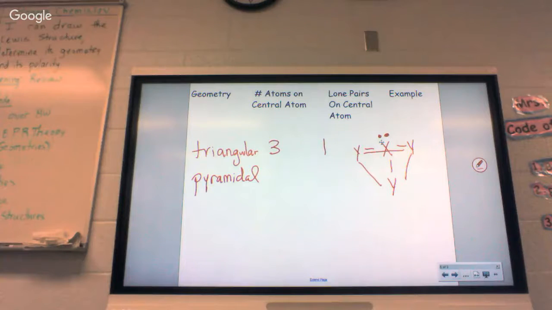Jump down to 10. What's your central atom? How many atoms coming off of it? How many lone pairs? What's the geometry? Do the rest of it. What number are we on? I went over 1, 4, and 10.